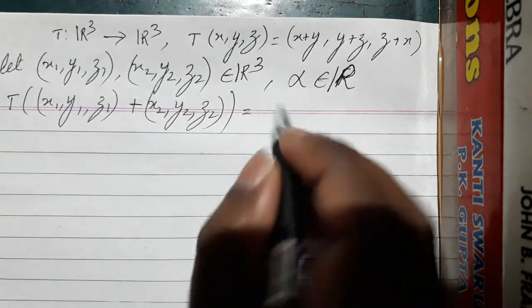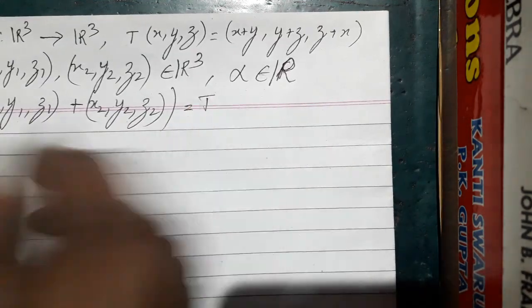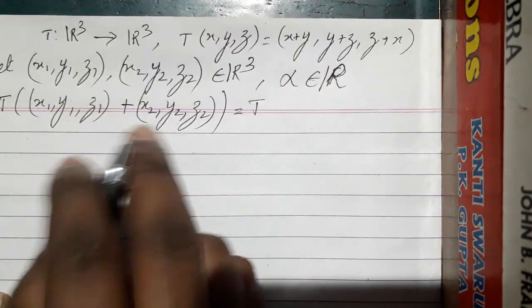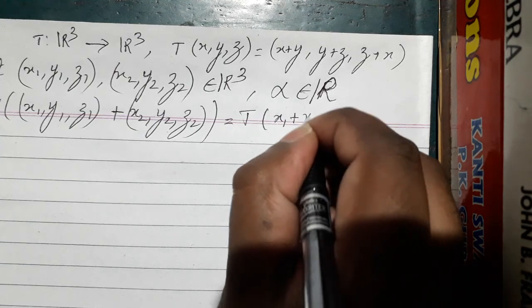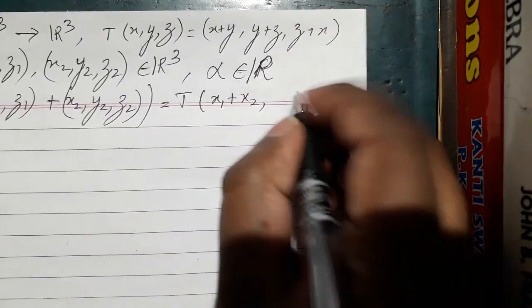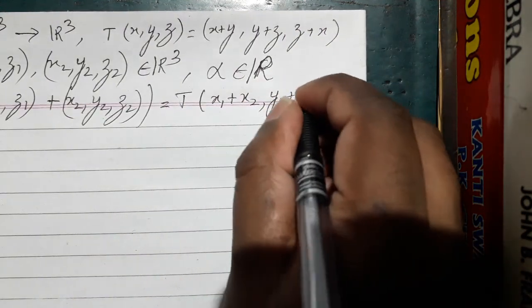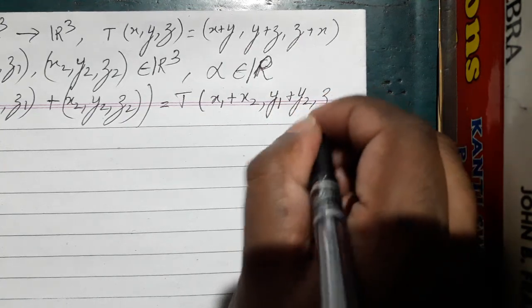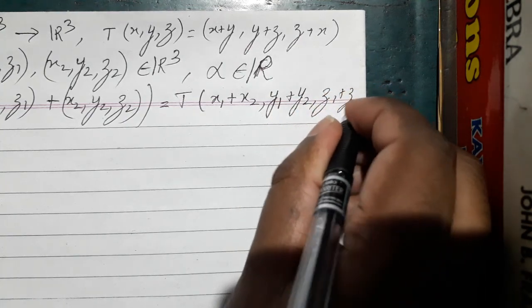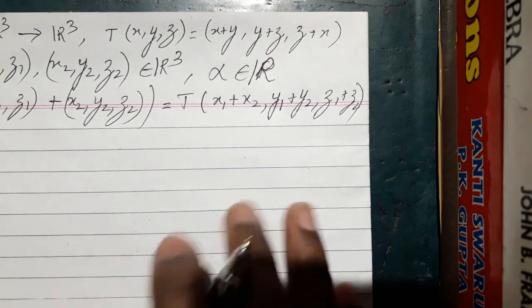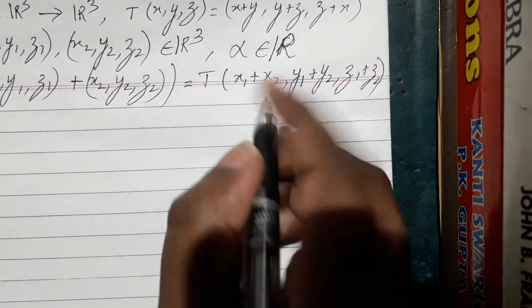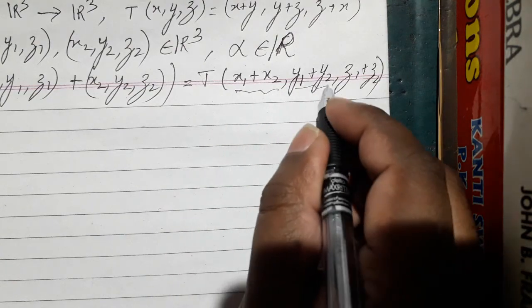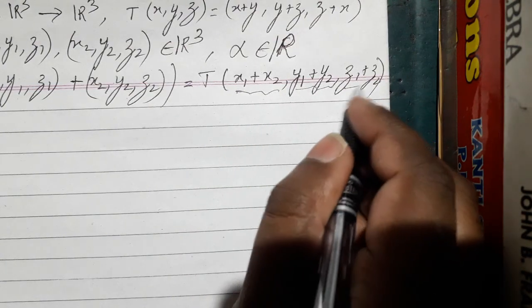Adding coordinate-wise, this equals (x1 plus x2, y1 plus y2, z1 plus z2). Now think of this as your x, this as your y, and this as your z.